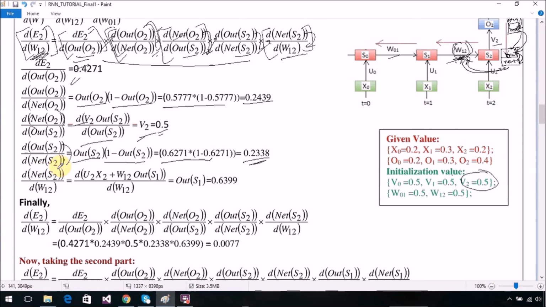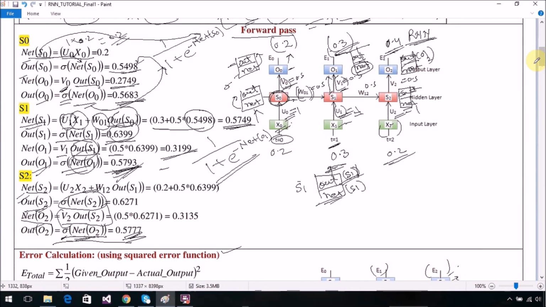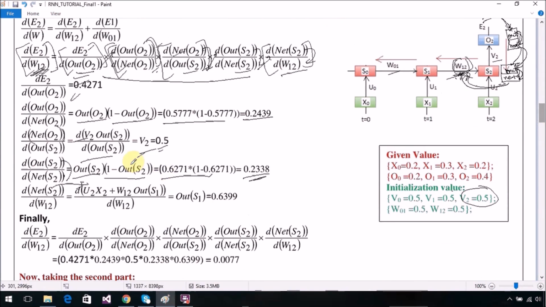So we will use the expansion of net S2 that we calculated in the previous lecture. We just copy this expression, put it here and take the differentiation with respect to W12, which will be equal to out S1, and this is the value.